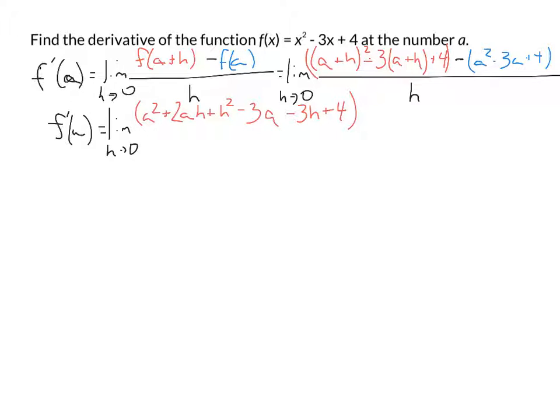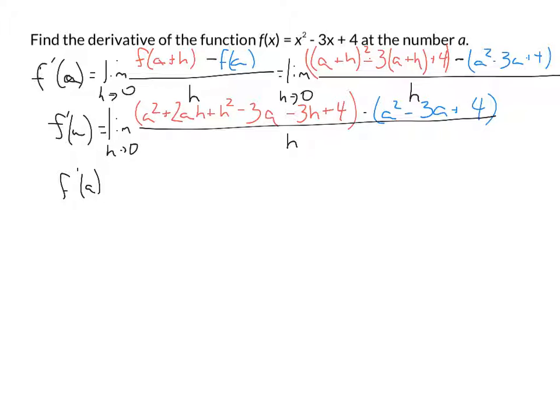So that's our multiplication and distribution put together, minus. Then we're going to just subtract off the a squared minus 3a plus 4. Still all over h.